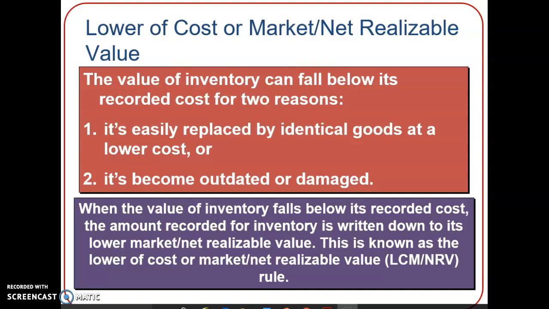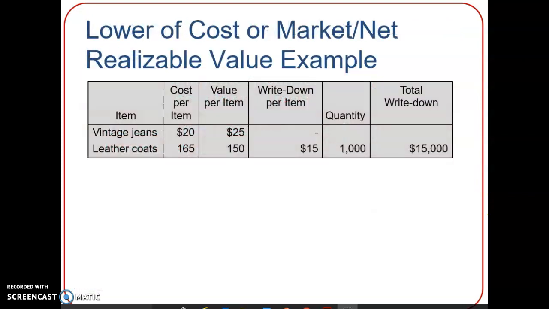So here, ideally, if there is an active fair market for the same goods, then we can use the market price. If that's not available, then we can use its net realizable value as its current value. Okay, so let's look at an example.